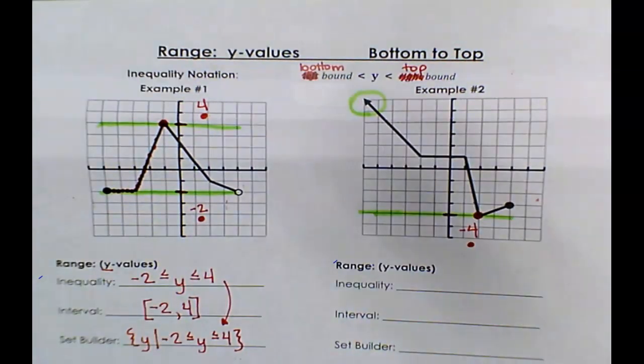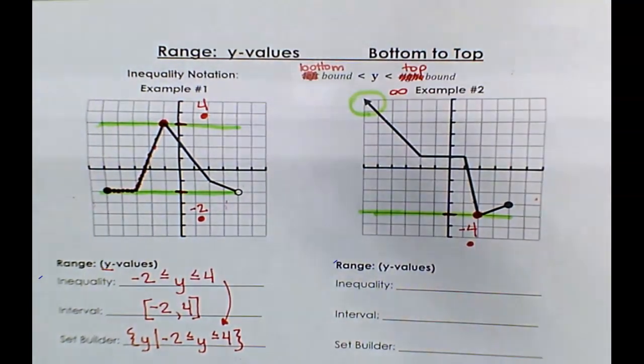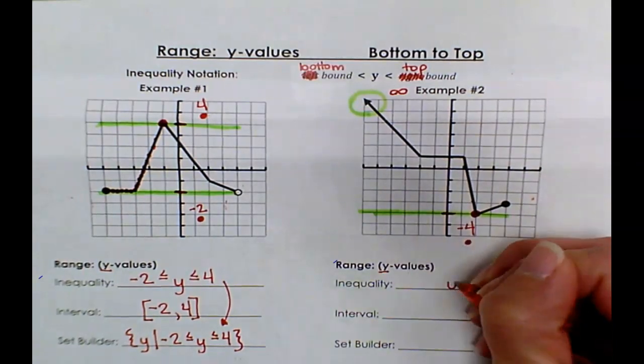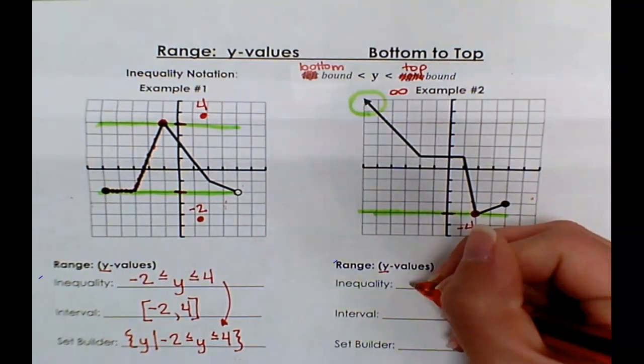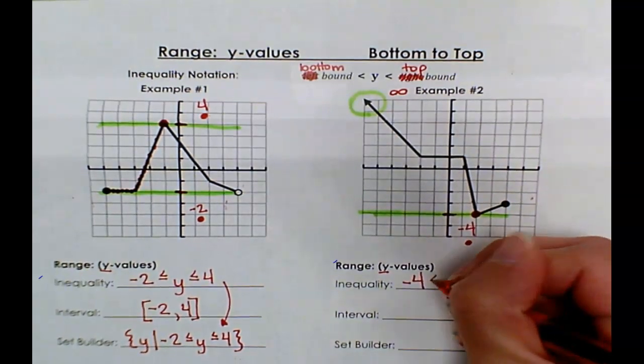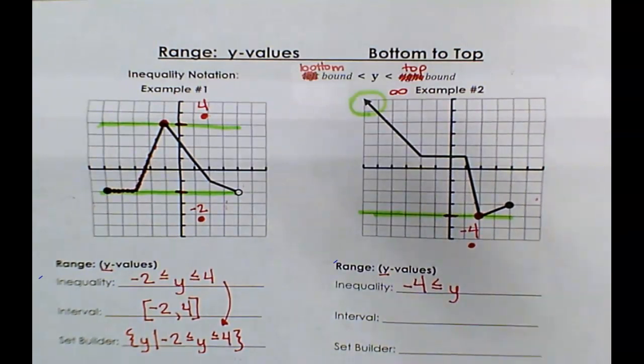And then on the top, since I don't have a boundary and it's going up, that's going to positive infinity. So my inequality for my range, my y values, I have that bottom boundary of negative 4. It's a closed point, so I use less than or equal to. I don't have a top boundary, so I don't put anything.